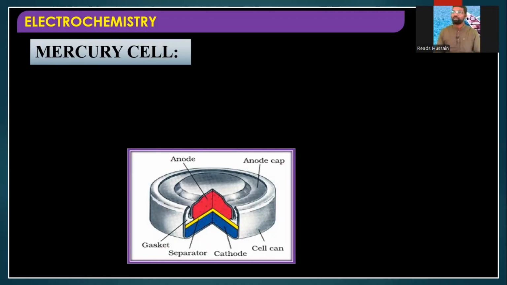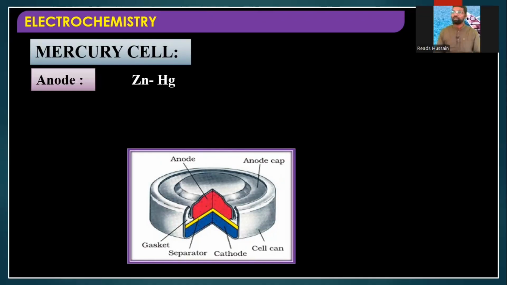You can find these small button-type batteries in watches and in small electronic devices. These are nothing but mercury cells. These can also be used only once. After it is dead, we have to throw it out. So the mercury cell is another example for a primary battery.